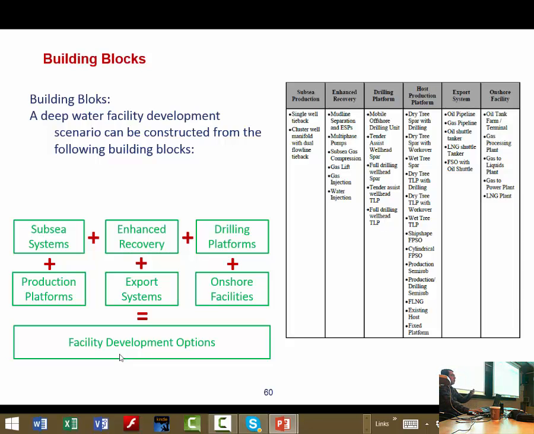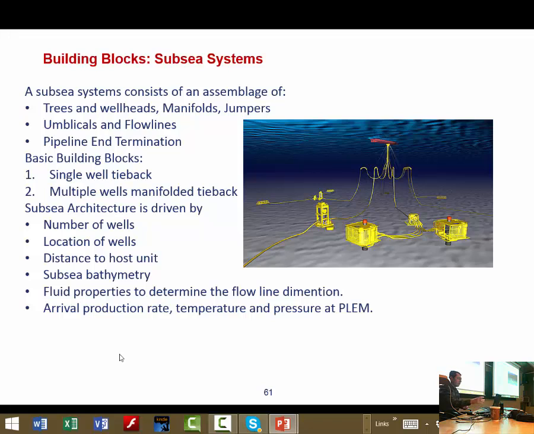So now we will explain each of these basic building blocks. The first building block is the subsea system. A subsea system building block consists of an assemblage of trees, wellhead, manifold, as you can see in this picture, jumpers, which connect the manifold to the wellhead, pipeline end terminations, umbilicals and flowlines, and there are two basic building blocks.